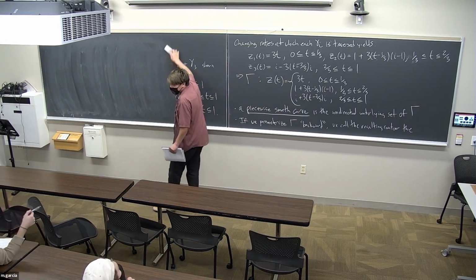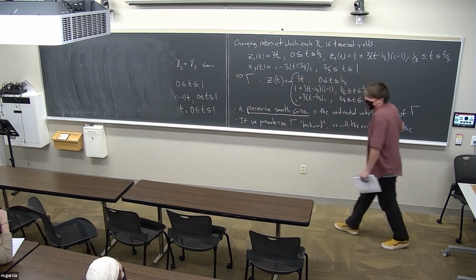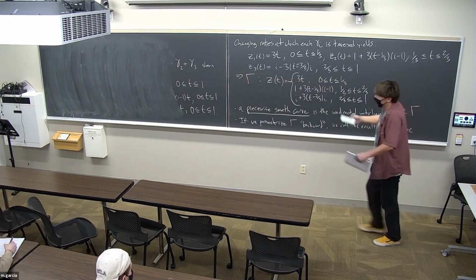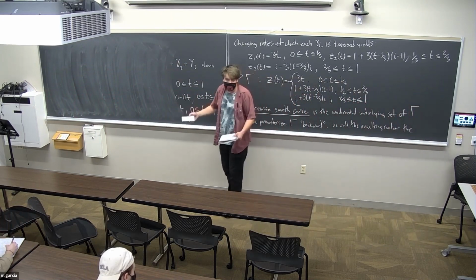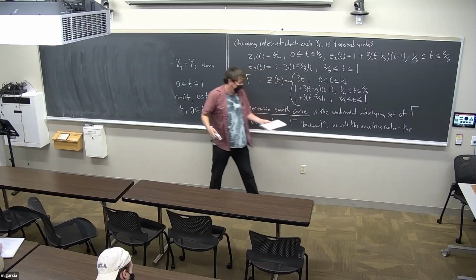The undirected set of gamma? Oh, the undirected underlying set of gamma. Right, gamma, I insisted, had some direction. So really, I just mean to say, forget the direction of gamma. That's called a piecewise smooth curve.